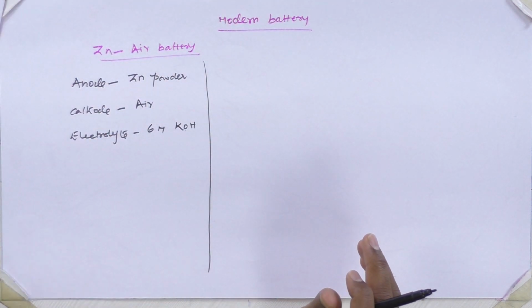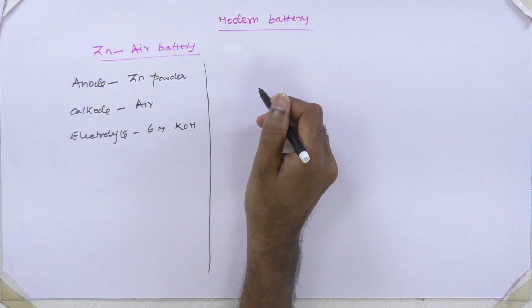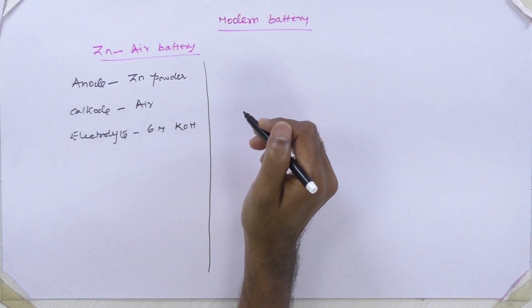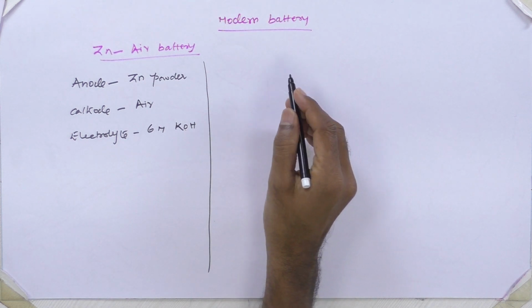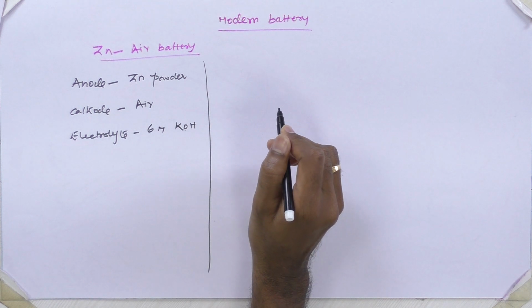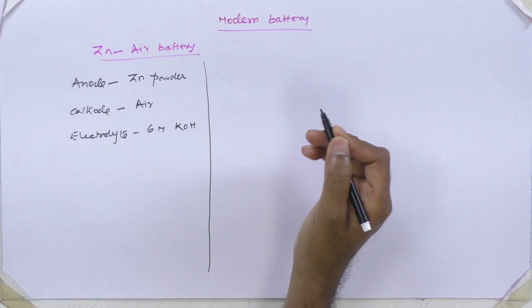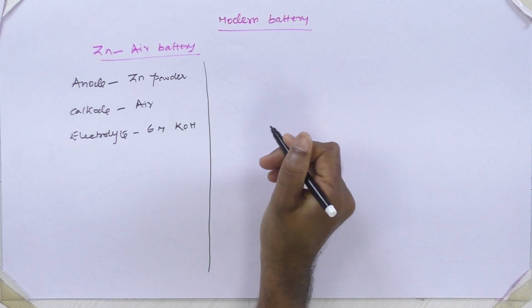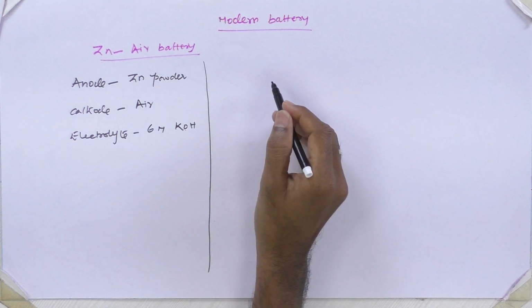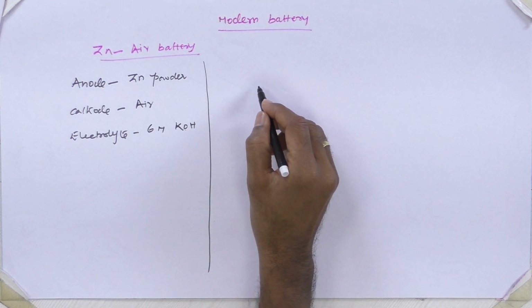Basically, once the construction process is completed, the zinc air battery is connected with an external load. What kind of chemical reactions will be taking place inside the zinc air battery? We all know that it has a container.